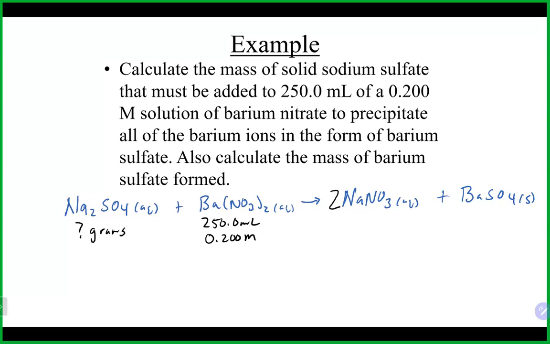We also, at the end, want to know the mass of barium sulfate formed. So we also want to know how many grams of this guy. So we have actually two separate problems in here that we could do with stoichiometry. First off, I do know that it is not a limiting reagent problem because frankly, the only thing that I could get moles of is this guy, right?